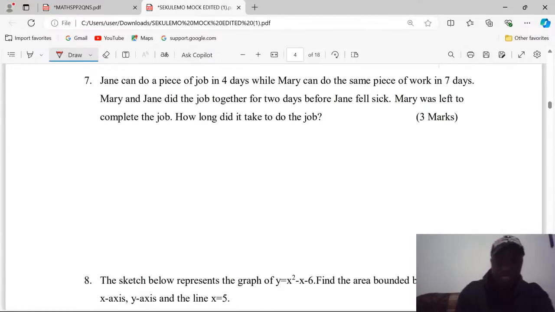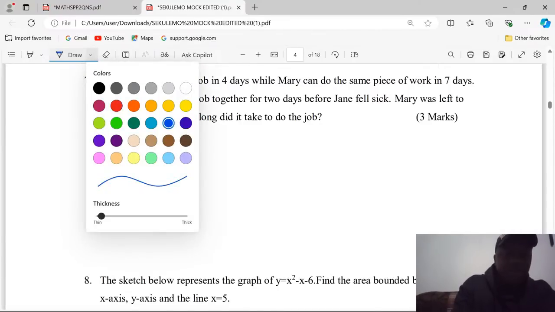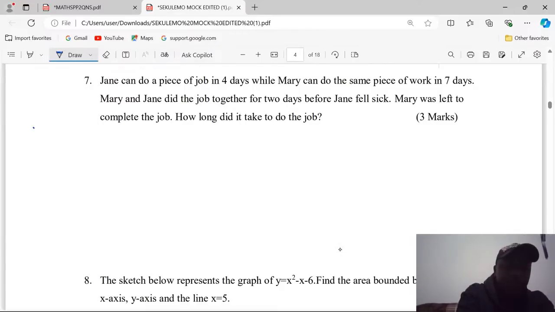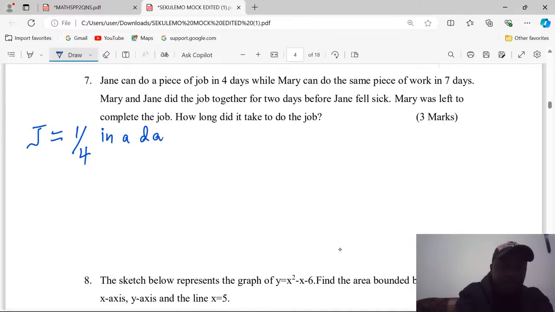Let's work this out. Jane alone takes 4 days. So if she takes 4 days to do the work, then it means in a day, Jane works a quarter of the job. A quarter of the job is what Jane does, so that she requires 4 days to do it completely.